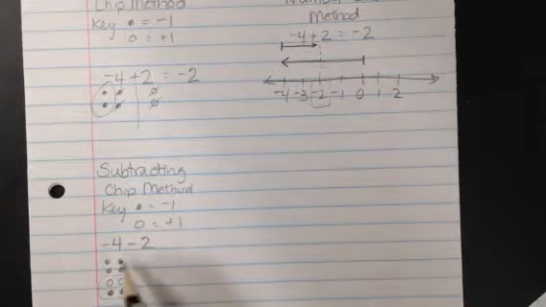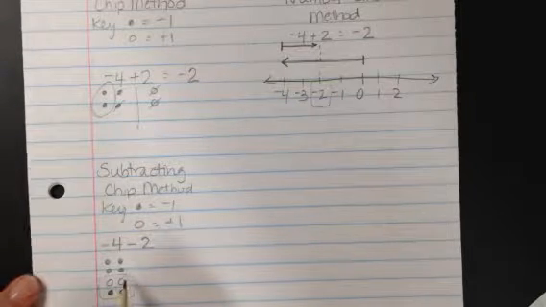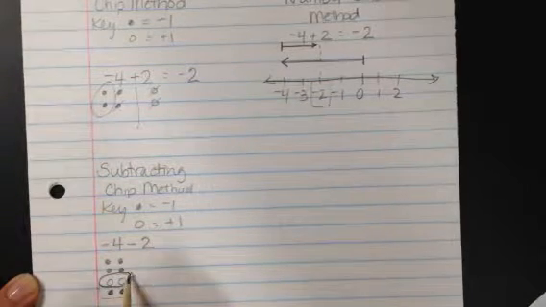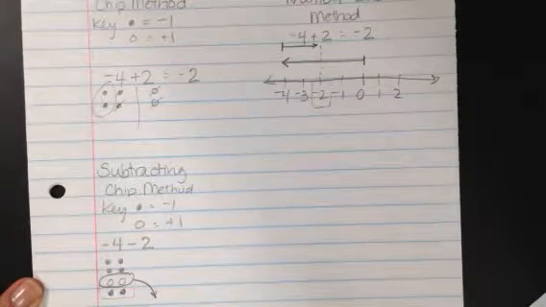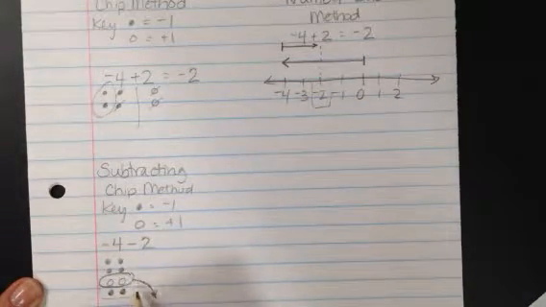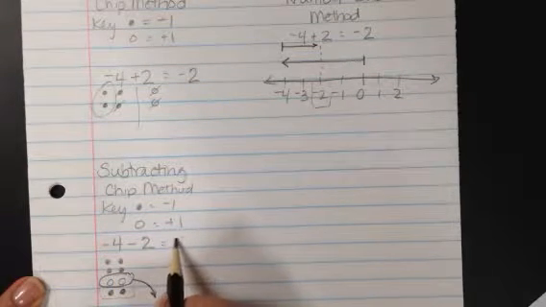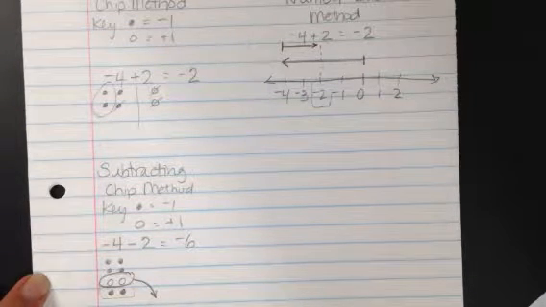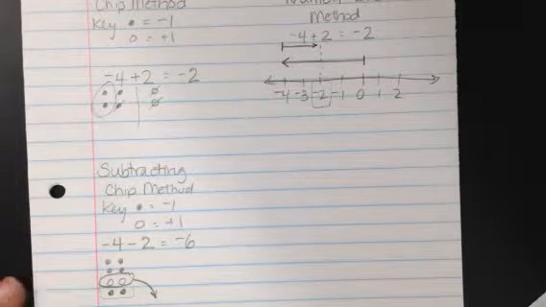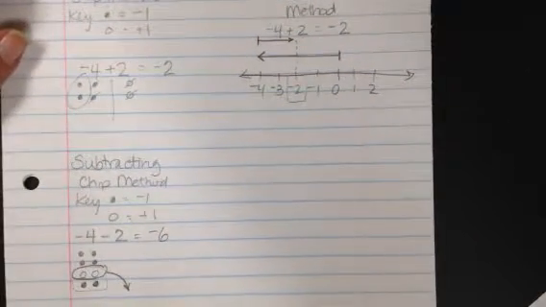So this is still worth -4, but at this point, I can take away this -2, this +2. If I can take away that +2, I'm left then with my answer. 1, 2, 3, 4, 5, 6, but they're all negative. You might have to watch that part of the video again to make that make sense, but hopefully that'll help after you watch it a couple times.